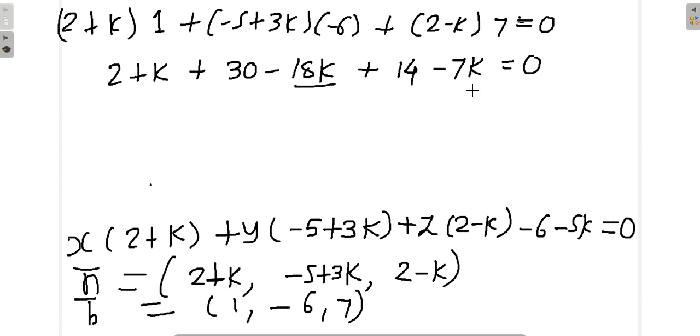So minus 18 minus 7 is minus 25. Minus 25 plus 1 is minus 24k. And this is 30 plus 2 is 32. 32 plus 14 is 46.